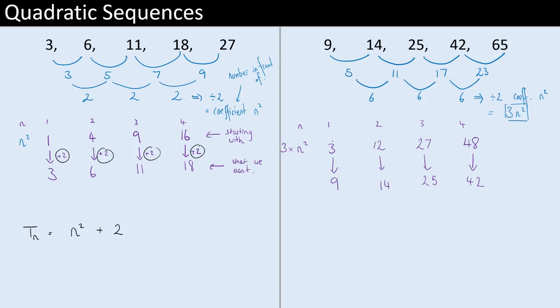To get from 3 to 9, I would need to add 6. To get from 12 to 14, I would need to add 2. Oh, all right, okay, let's check what's going on here. 27 to 25, I would need to take away 2. 48 to 42, I would need to take away 6. Now, this is where it gets interesting.